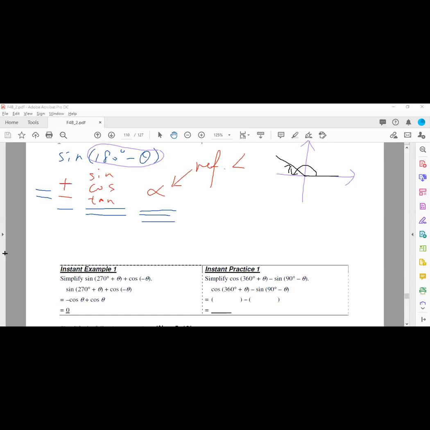This is 180 degrees. This is theta, right? This is theta.